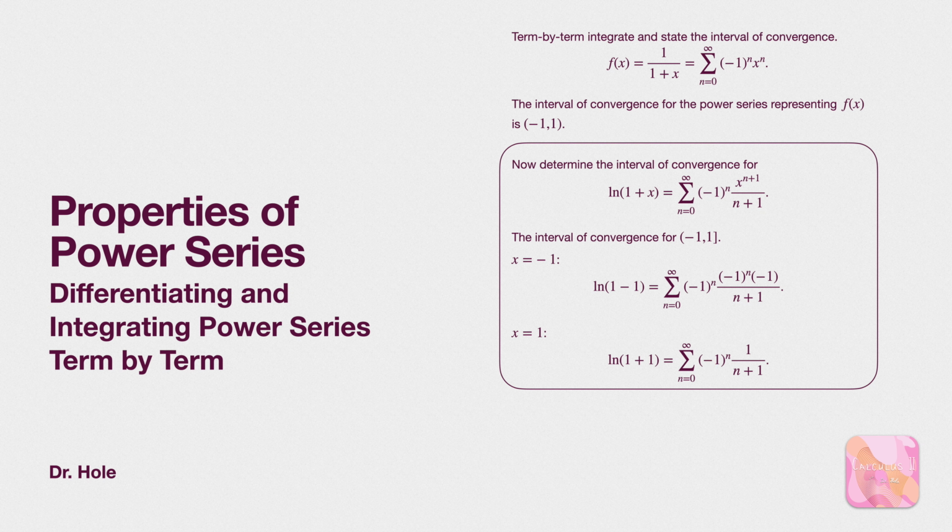So we finally established that the alternating harmonic series has a value ln of 2. Yay! Very nice. And in terms of this example, it's showing that +1 is included in the interval of convergence.